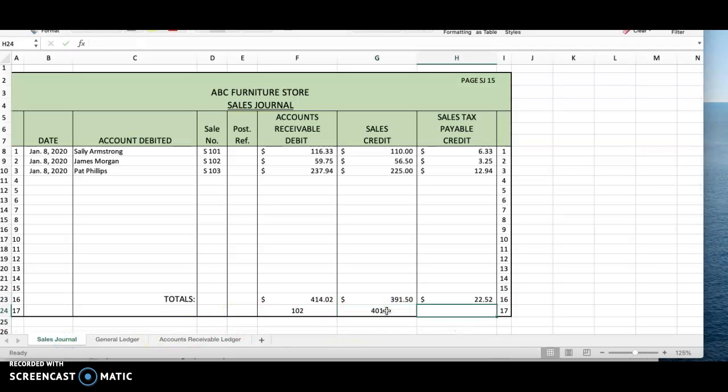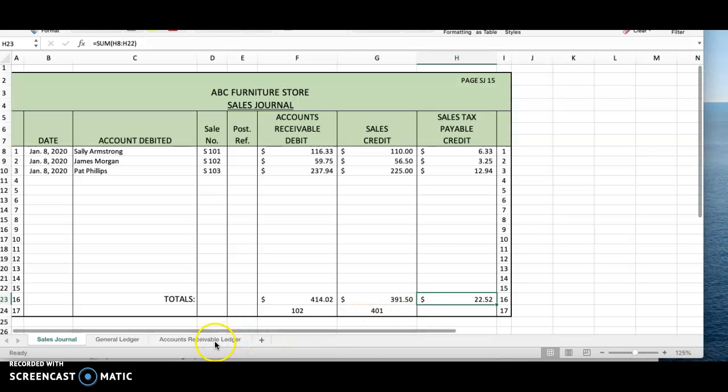And we go to the liability section and credit sales tax payable. We will collect from the customers $22.52 for their sales tax when they pay us. We will pay it later, so it becomes a liability for us.